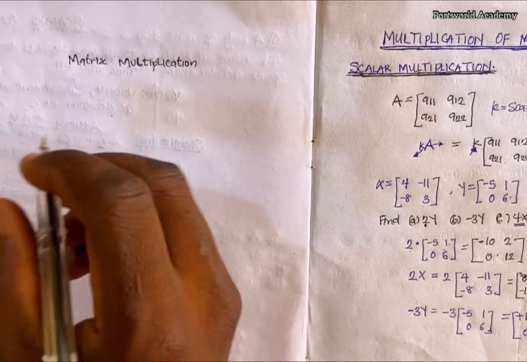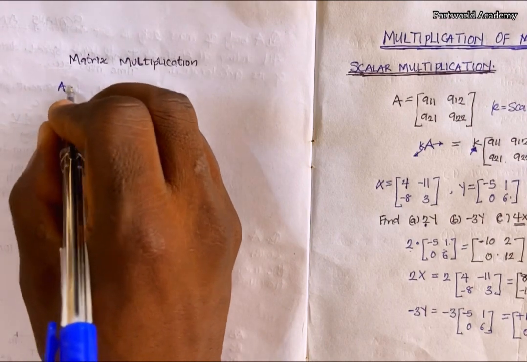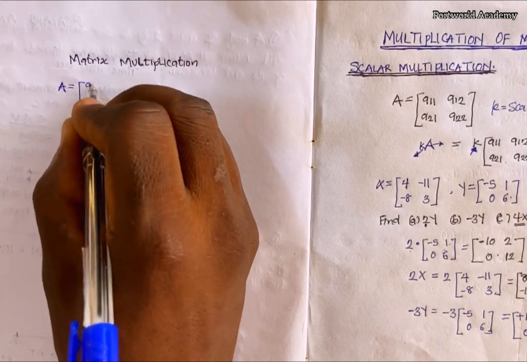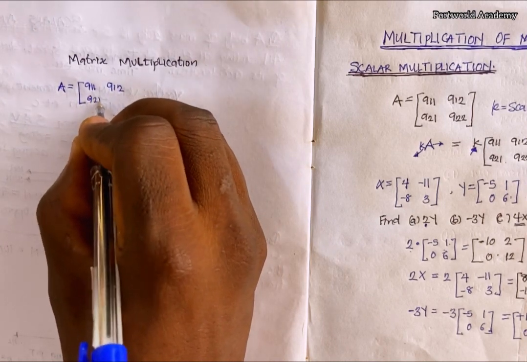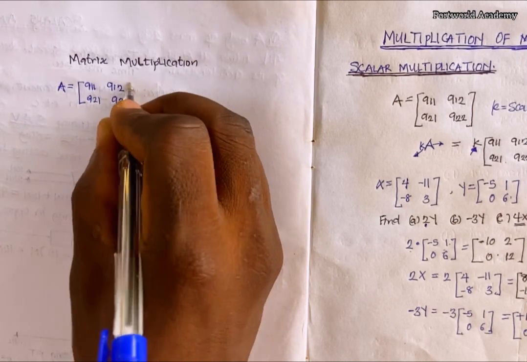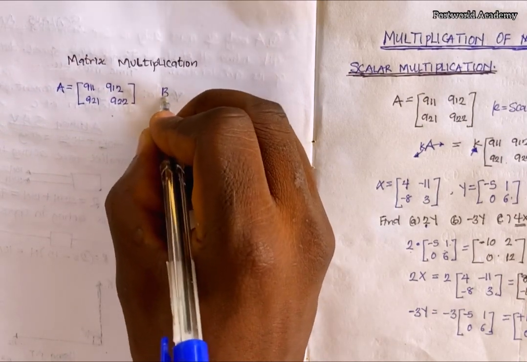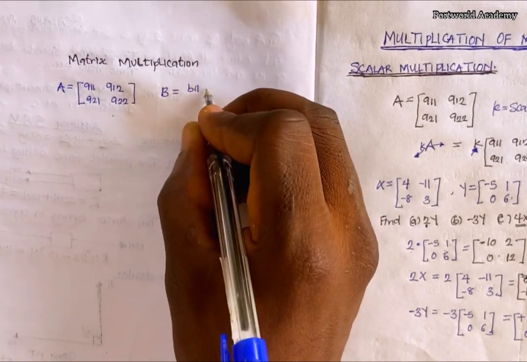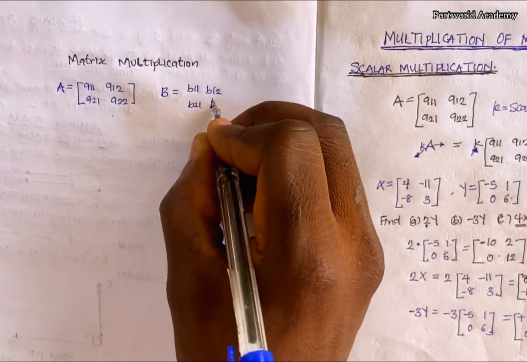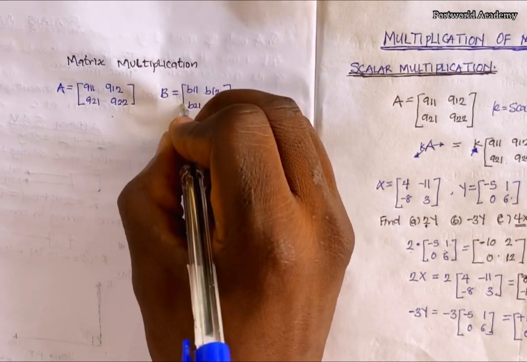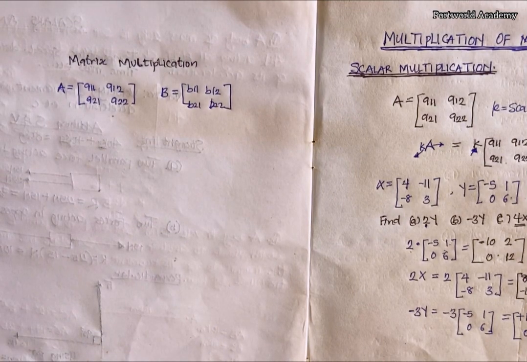So let's go ahead and say, suppose we have matrix A to be A11, A12, A21, and A22, right? And we have matrix B to be B11, B12, B21, and B22, right? So suppose we have this and we are asked to find the matrix multiplication.